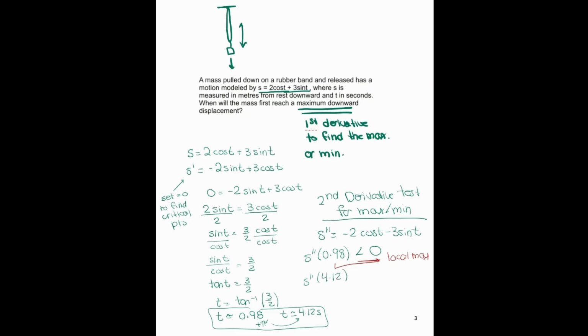If we plug that into this equation here, we get a value that's greater than 0, so that tells me that 4.12 seconds is a local minimum. So, to answer the question, the local maximum, when the mass first reaches its maximum downward displacement, will be at 0.98 seconds.